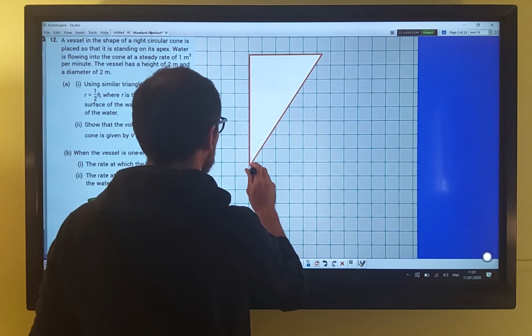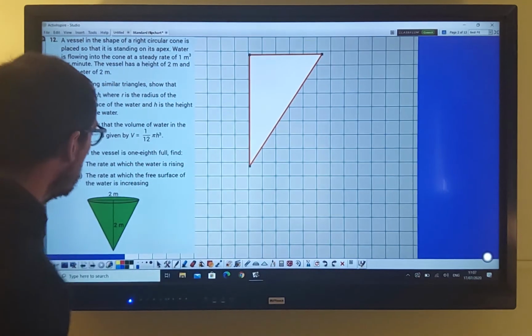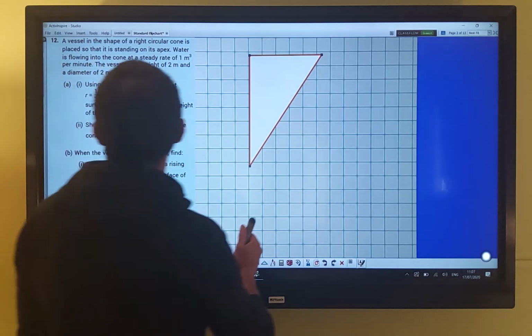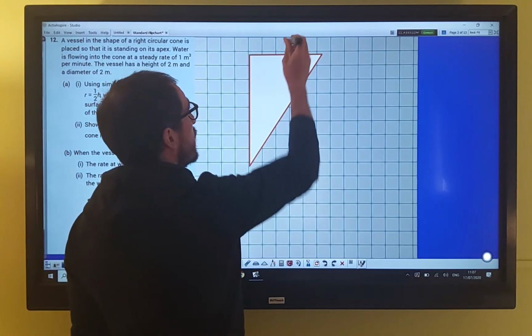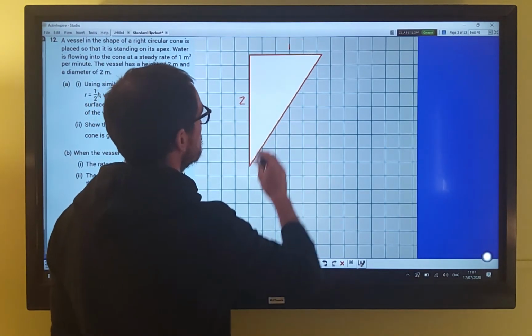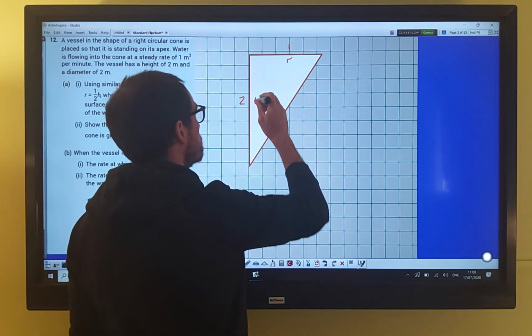There's our triangle there. Now, it says here that the radius is 1, the height is 2. So that's the radius, that's the height.